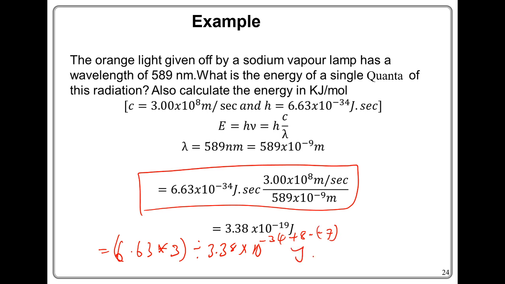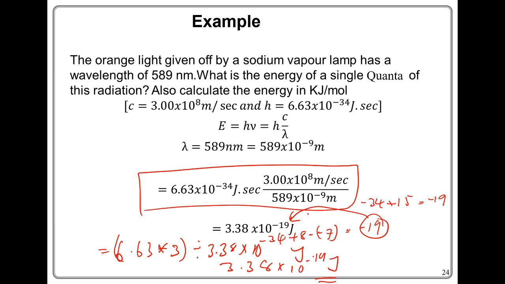So what you have here is minus 34 plus 15, which gives you minus 19. So when you simplify, your answer will be 3.3 times 10 to the power minus 19 joules.